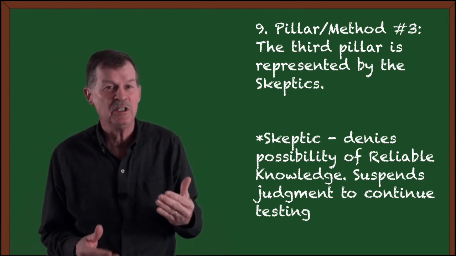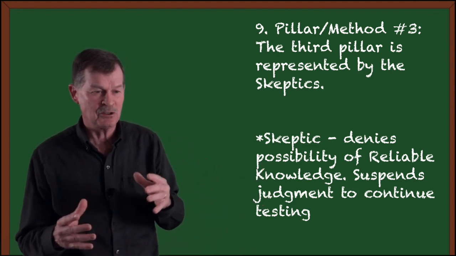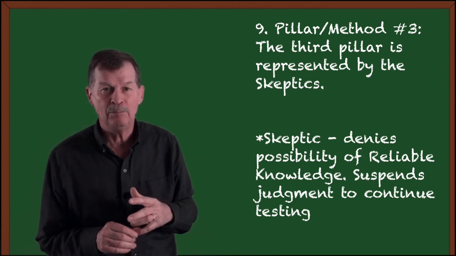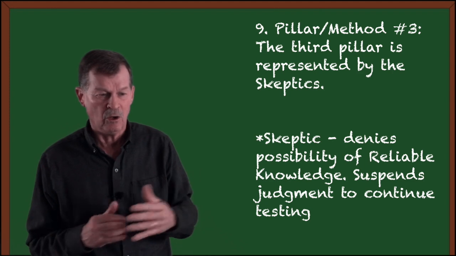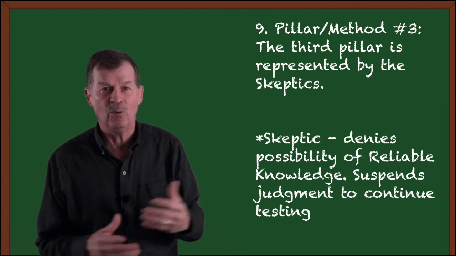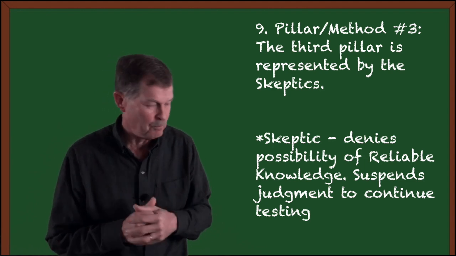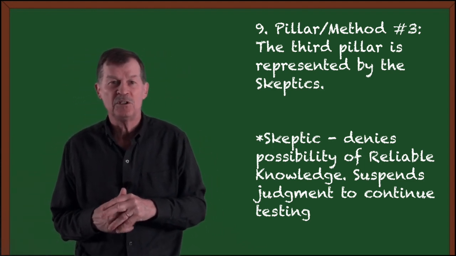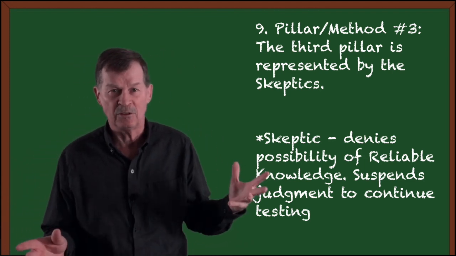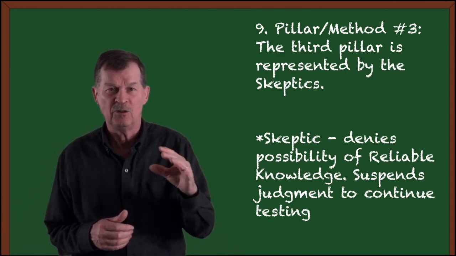The skeptics did not believe we could get to reliable knowledge because reason could be corrupted by faulty reasoning, or influenced by what someone had drunk. And empiricism, under the same influences, you can imagine things, so they didn't believe it was 100% reliable.